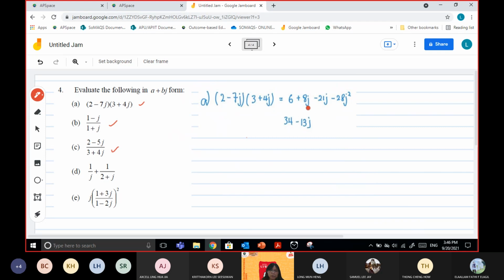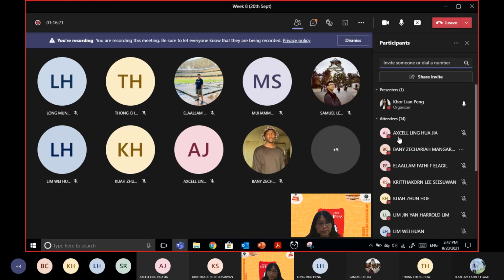So 2 times 3, 6, then 2 times 4, 8J, minus 21J, minus 28J squared. So the final answer is 34 minus 13J. Yes, correct. Okay, next one for division from Cheng Hao.